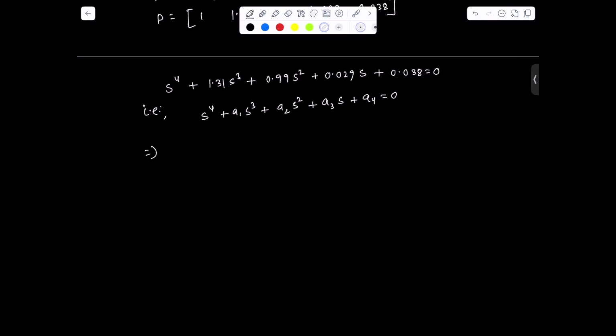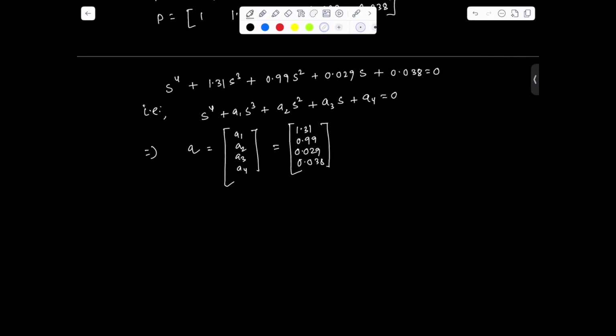And from this we can form the A vector, which is a1, a2, a3, a4. From these values we can write 1.31, 0.99, 0.029, 0.038. Right.